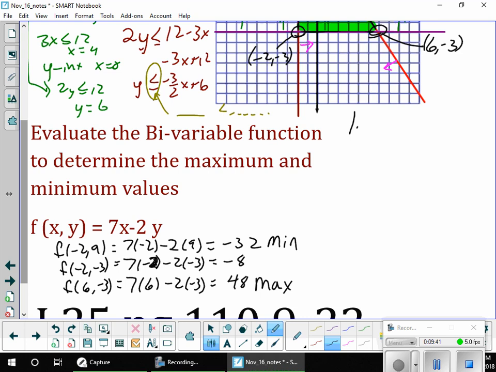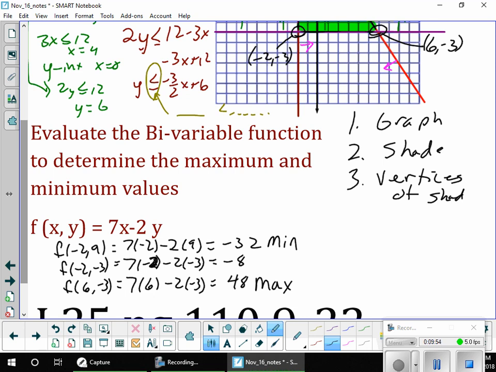So: graph, shade, find vertices of the shaded region, evaluate bivariable function.